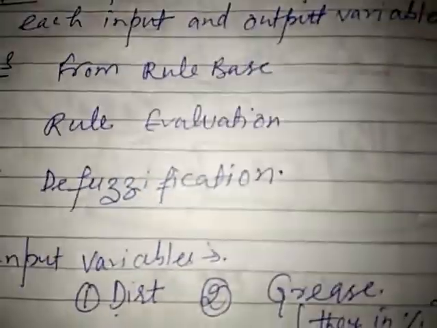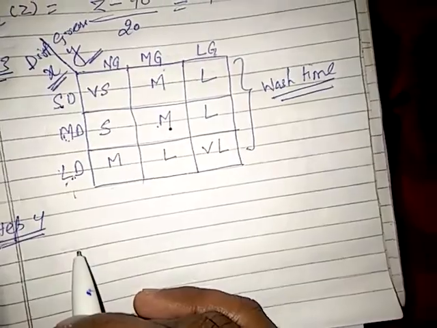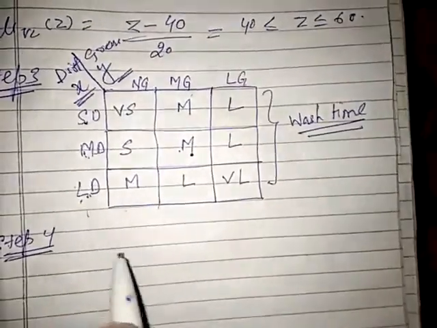Now we move to step 4, which is the rule evaluation. Rule evaluation is based on approximations and assumptions.